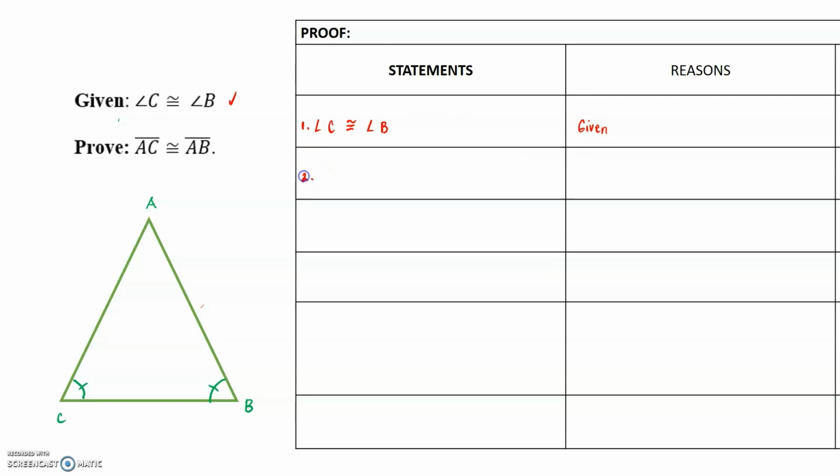Now, next, just like what we did in our previous example, we should also draw an angle bisector of angle A. So let's draw segment AD. Okay, let's draw it properly.